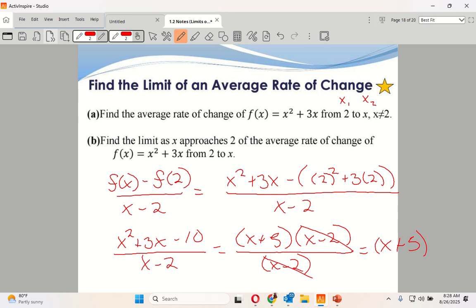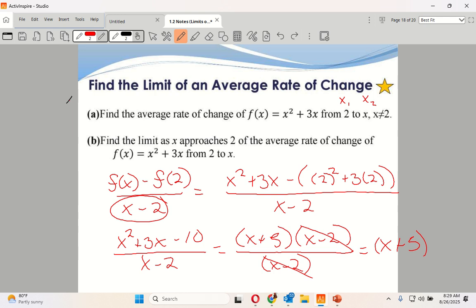Okay. So now, find the limit as x approaches 2 of the average rate of change of that same thing. Now, because I could not plug in 2 here, right? I could not plug in 2 because if I plug in 2, what's going to happen right here? It would be 0 in the denominator, where that would be undefined. So I can't do that. So therefore, by doing this process, going through here, now can I plug in 2? Yeah.